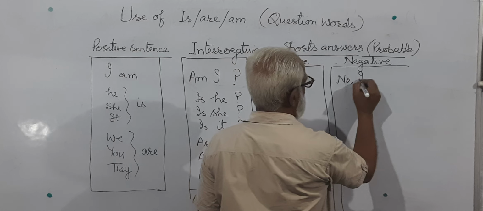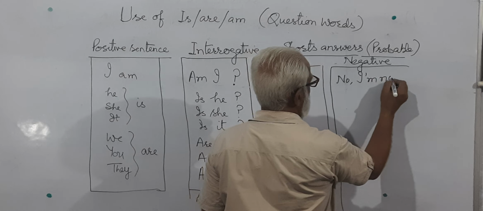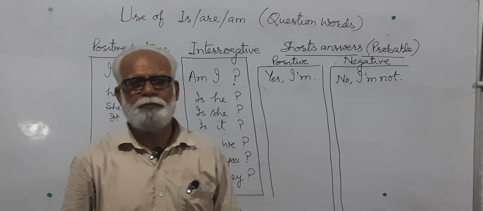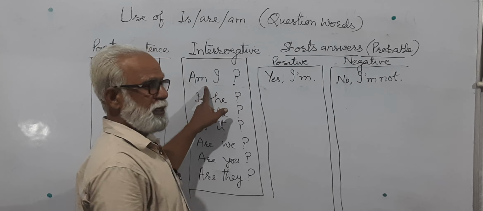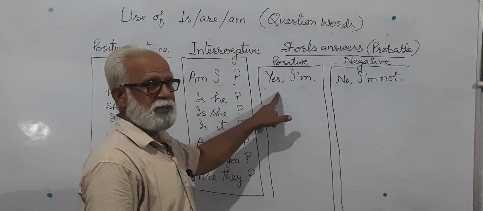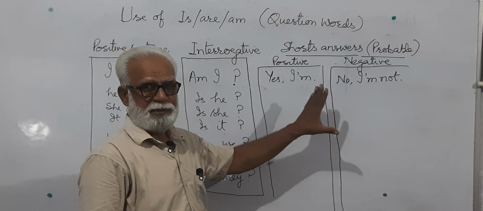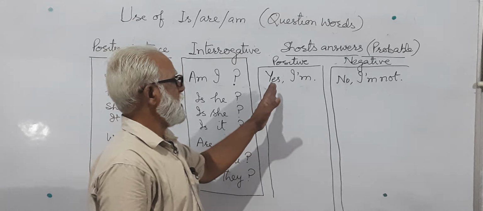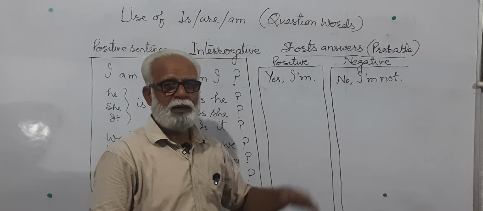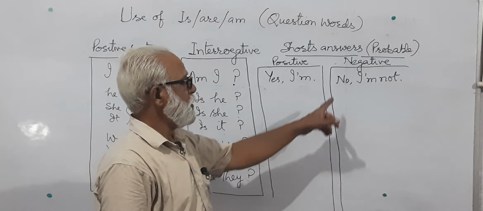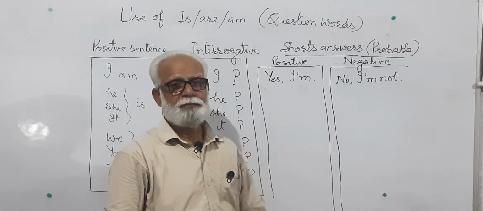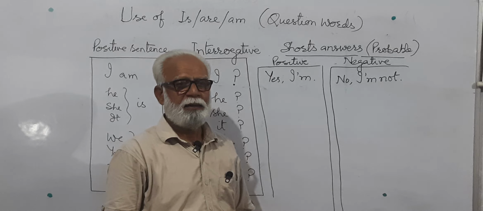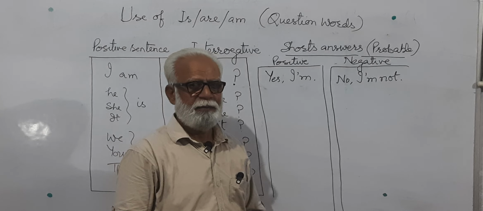No, I am not. This is a probable answer. Right? So this question, am I, can be answered in these two ways. If you are to answer in a positive way, you can say yes, I am. If in a negative way, no, I am not. If we practice like this, we can speak easily.